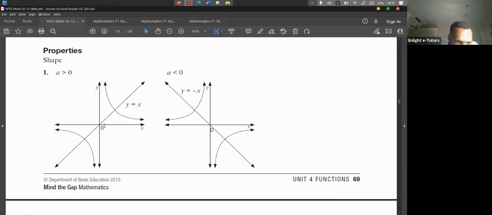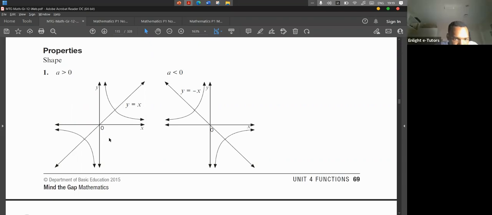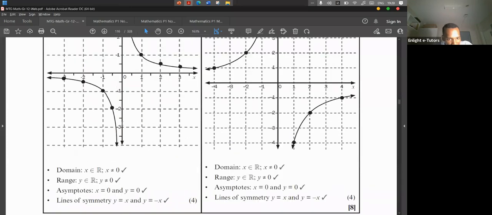If you put a line here, you're going to get the same shape. If you put your mirror here, this side is going to be the same as this one. And if you put your mirror here, this side is going to be the same as this one. That's why we have 2 types of symmetries. You understand me now?